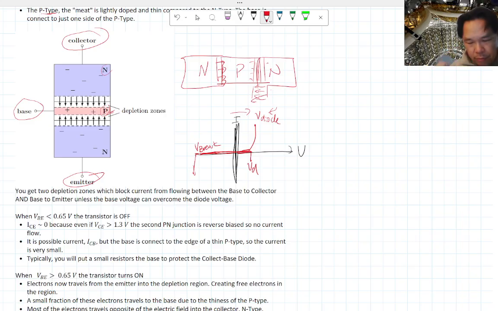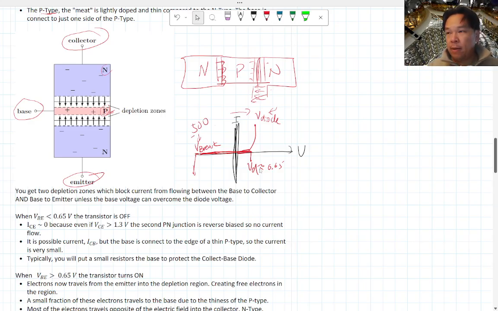This V diode is maybe like 0.65 volts, and this V break may be like 50 volts or something like that. So usually you don't run into that, and you shouldn't, unless it's a Zener diode, which is designed for that. Sorry about that. I had to change the battery on my pen, so that's a lot better now.